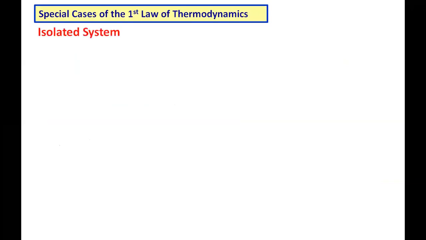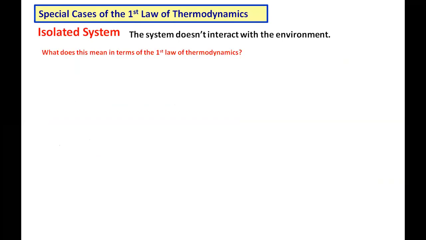And then we have the special cases of the first law of thermodynamics. إذا isolated system. إذا كان السيستم معزول هذا يعني the system doesn't interact with the environment. عندنا عزل، إذا ما في السيستم ما راح يتفاعل مع المحيط أو surrounding.